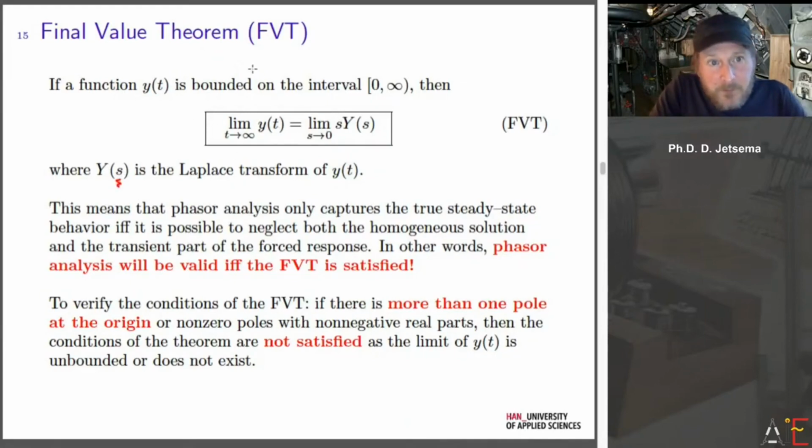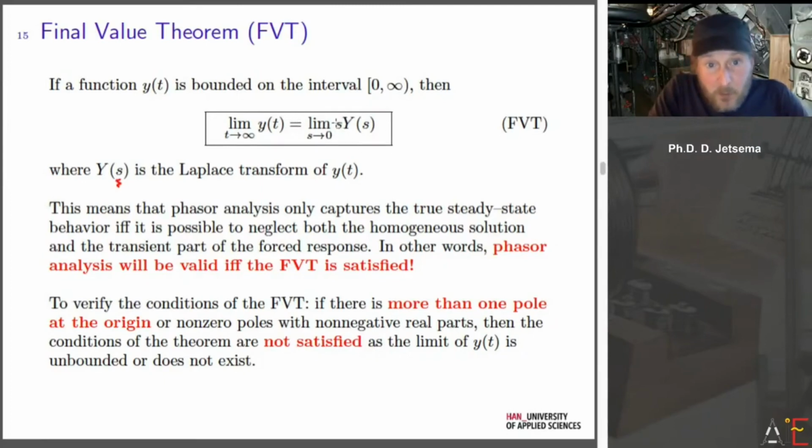And the final value theorem says that if you have some time function which is bounded on some interval, then this equality holds. So if you take the limit of your time function for t, the time, going to infinity, that is the same, in the Laplace domain, as taking the limit of the Laplace variable to 0 and multiplying the Laplace transform of your time signal by the Laplace variable.